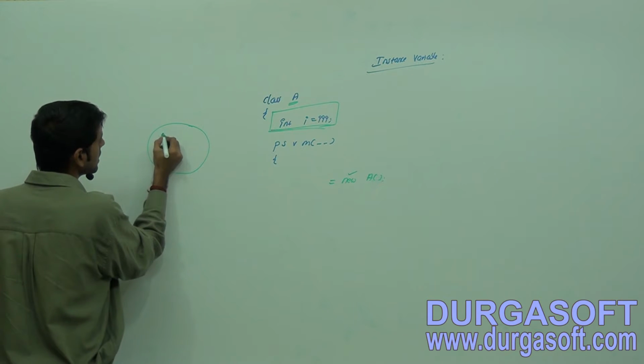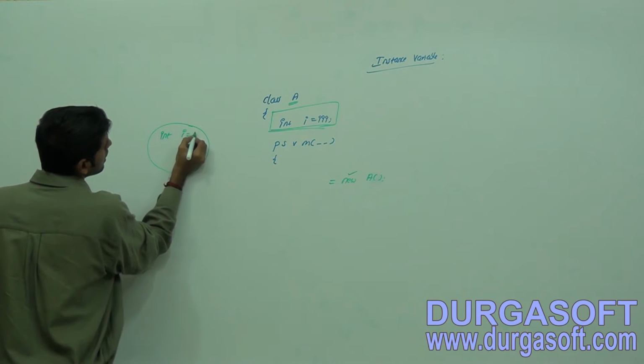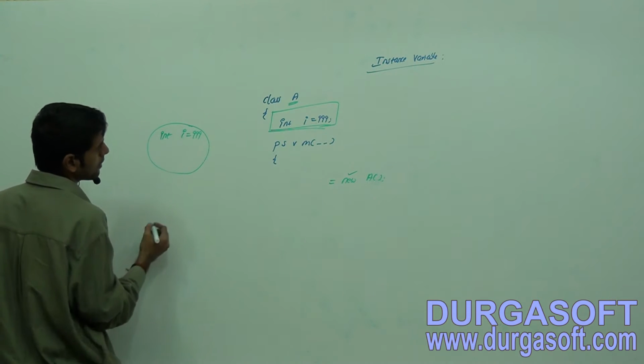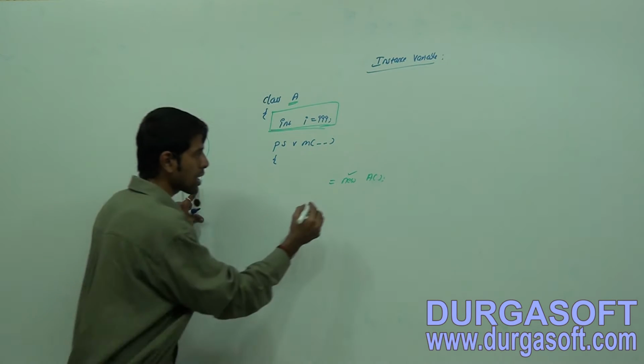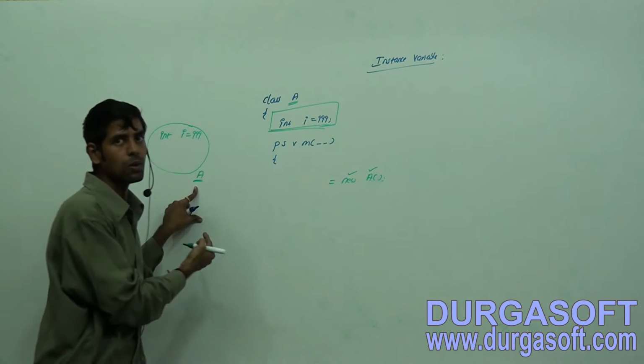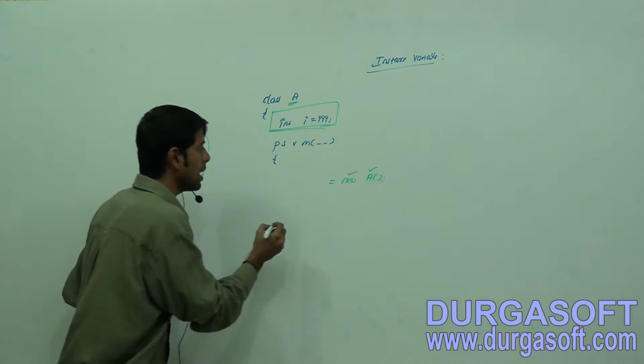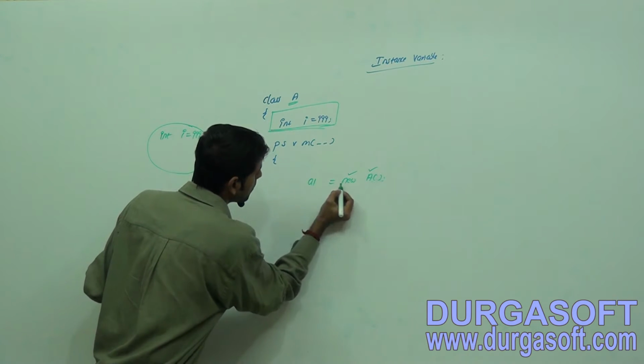Observe here, what is this? int i equals 999. What is the underlying object type? Capital A. Based on the constructor name, we have to tell that. Now let me copy this.